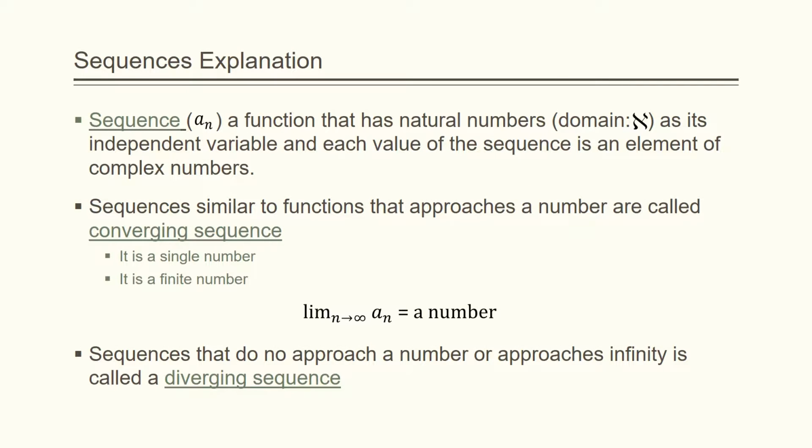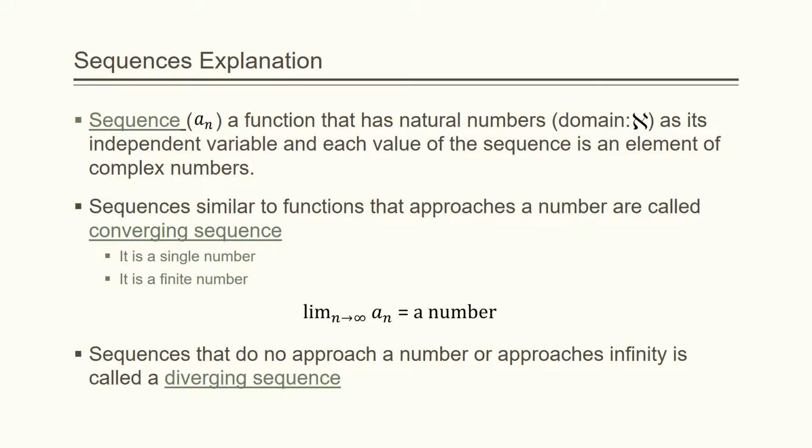A sequence is a function that has natural numbers as its independent variable, and each value of the sequence is an element of complex numbers. That's basically a list of numbers like 1, 2, 3, 4, 5, stuff like that. Sequences similar to functions that approach a number are called converging sequences.